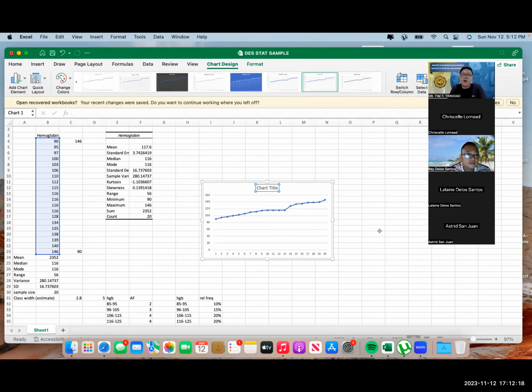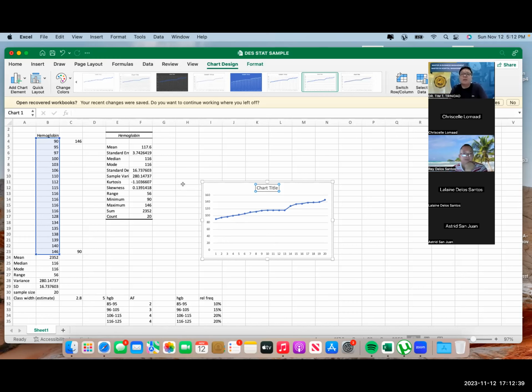So if you are into action research, you don't need to go further. You don't need to do the inferential test. But if you want to test or challenge relationship, then you can proceed to inferential statistics using all this data. Kasi hindi ka makakapag-proceed to inferential statistics without all this information.